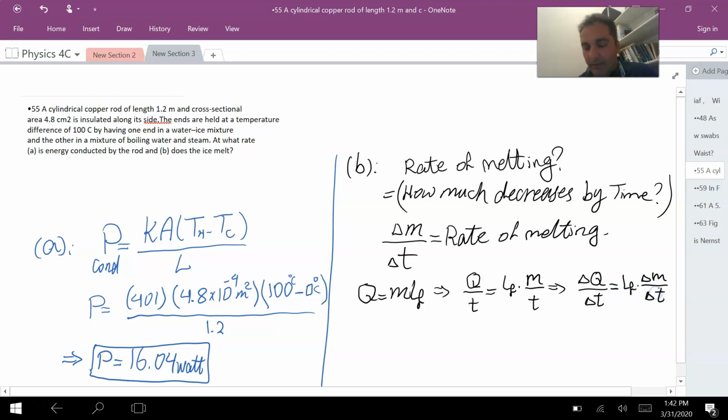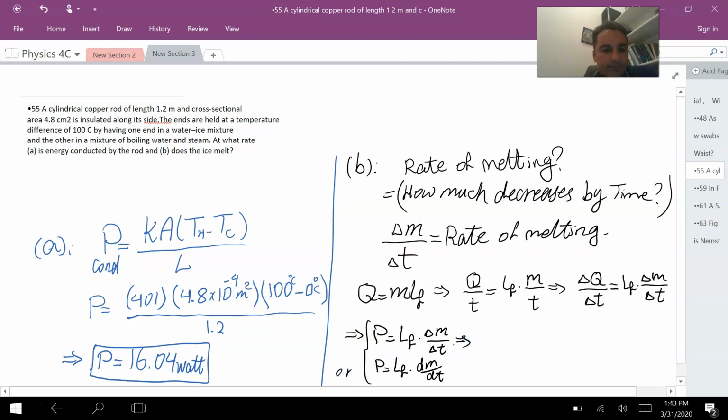By calculus, I can say yes. Therefore, here power becomes LF delta m divided by delta t. In calculus, you can write it P is LF dm over dt. Either works.